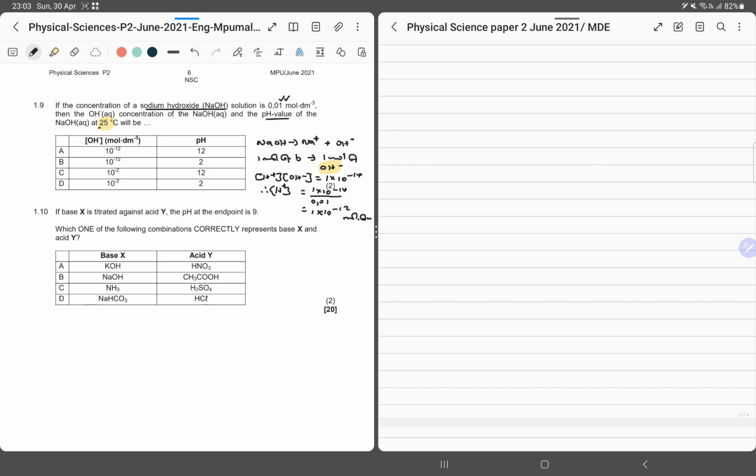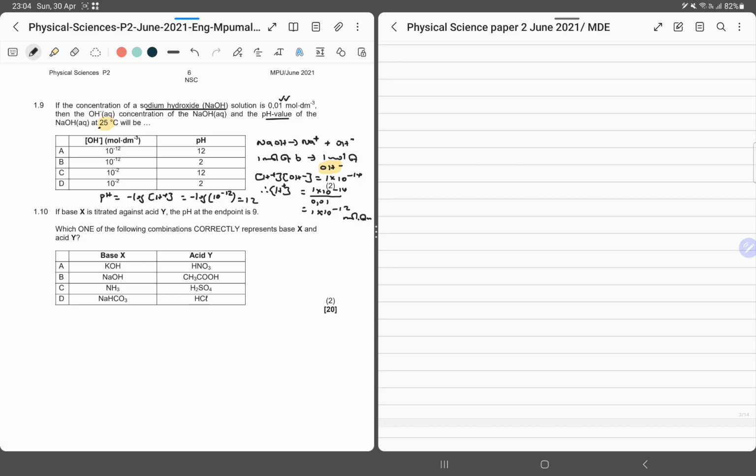Now we know that the pH calculation is minus the log of the concentration of the hydrogen ions, which is minus the log of 10 to the minus 12, which is just going to be 12. If you know your maths, but you can use your calculator there to sort yourself out.